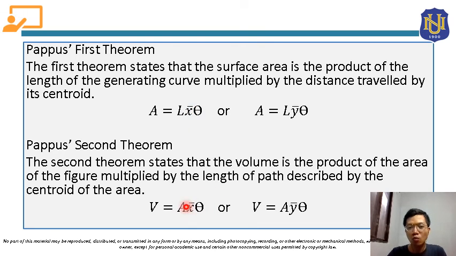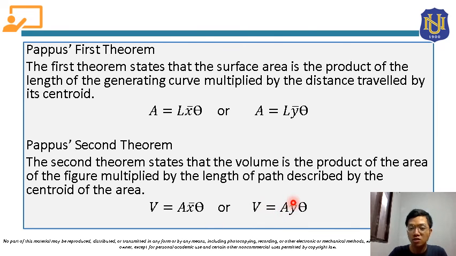Same here when you are solving for volume. The A here is the total area of the composite figure that you're going to revolve. X bar here is the x coordinate of the centroid of the composite figure, and theta here will be 2 pi, so that will be one revolution.